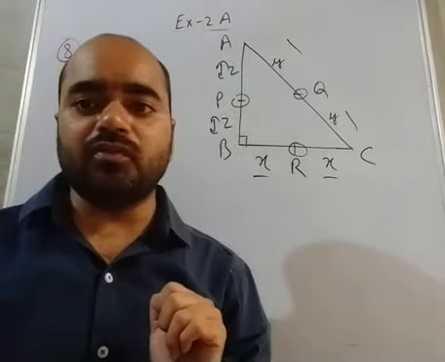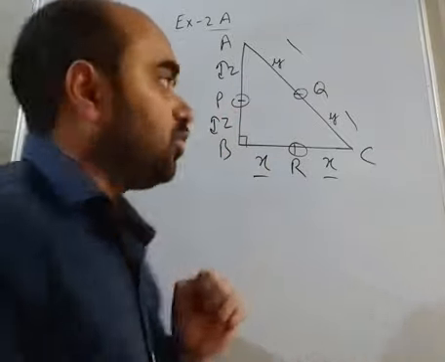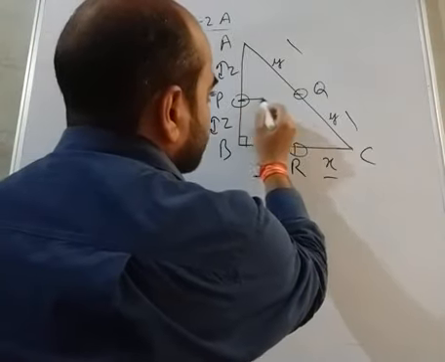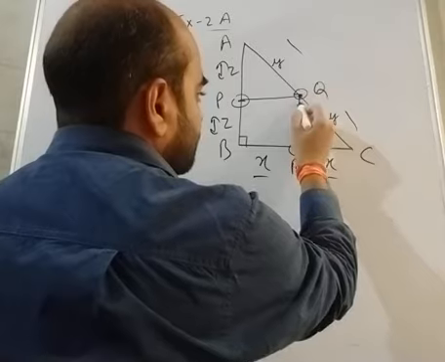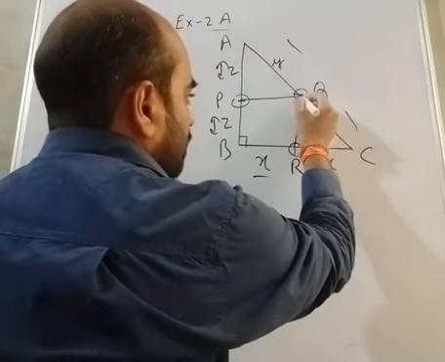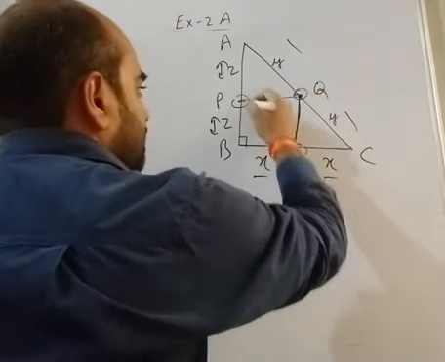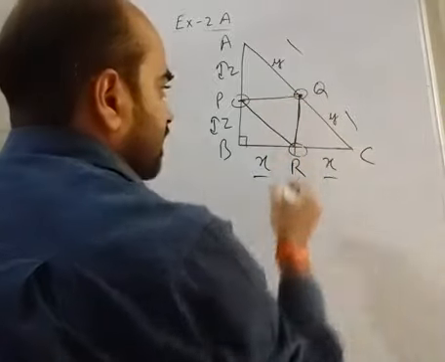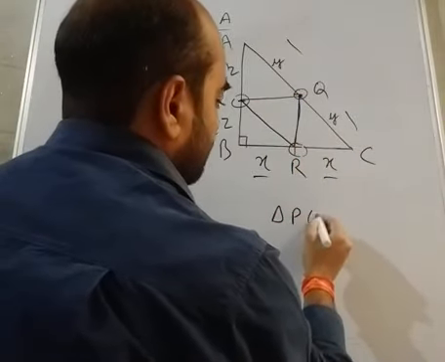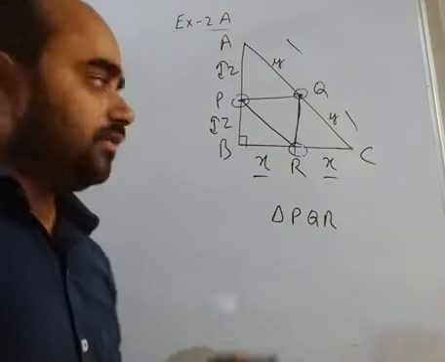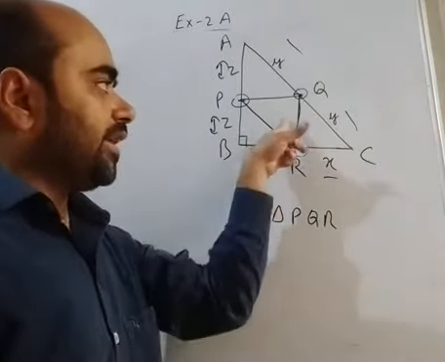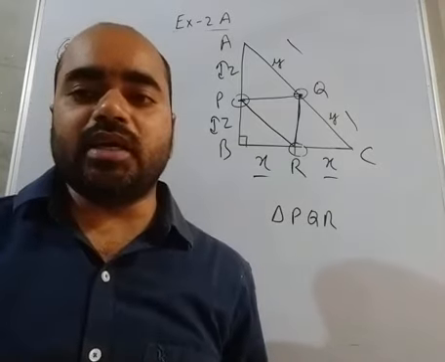Now what do we have to prove? If you join the midpoints, the triangle obtained will be triangle PQR. If we join the midpoints, the triangle obtained will also be a right angle triangle.